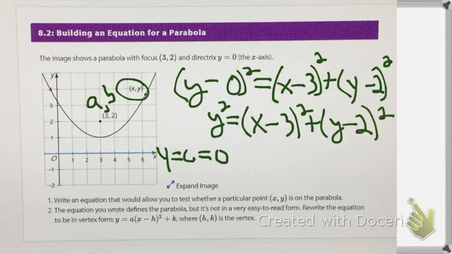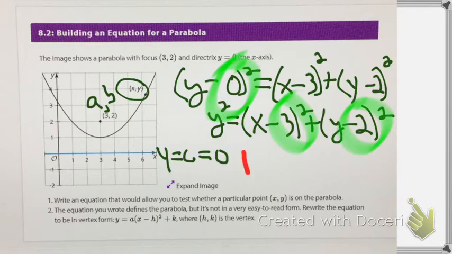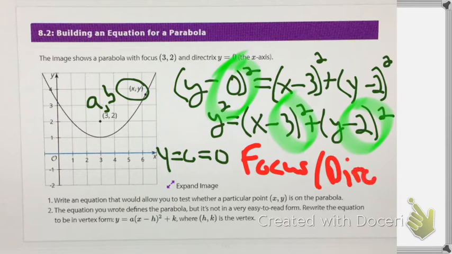And that's our general equation. From that, we can tell where the directrix is, the 0 right here, and we can tell the vertex coordinates h and k. That's why we call this focus directrix form, because in this form, it shows us the focus and the directrix.